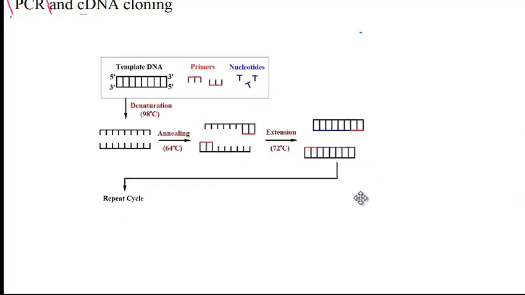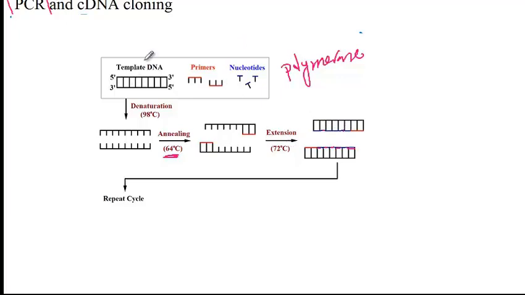And so here again, I have another drawing for you that will show you all these steps that we just discussed. So there we go. We have the nucleotides, we have a primer, we have the template DNA with the gene of interest that we would like to amplify, and we also have the polymerase enzyme. We denature the double-stranded DNA into single-stranded DNA at 98 degrees C. During the annealing stage, 64 degrees C, the primers will bind, and then at 72 degrees C, the nucleotides will be added.